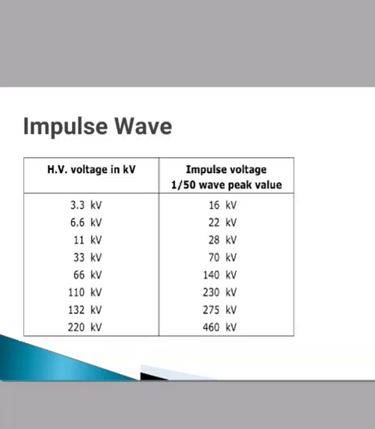The next one is the impulse test. It is a high voltage test carried out on a transformer to determine the ability of insulation to withstand high voltages as applied in the high voltage test.